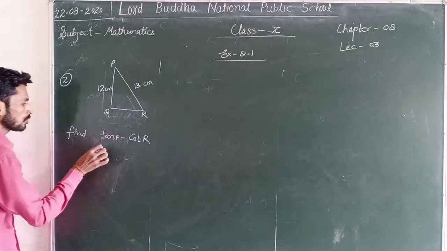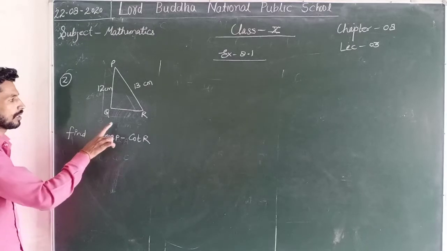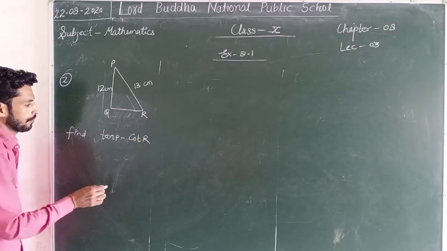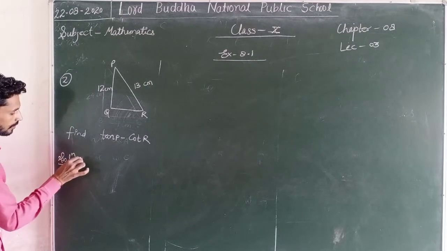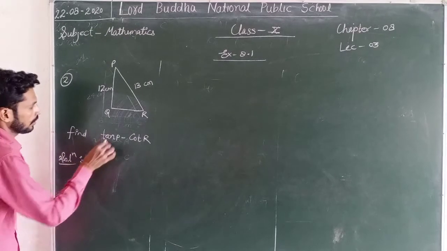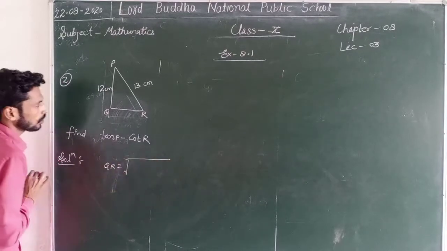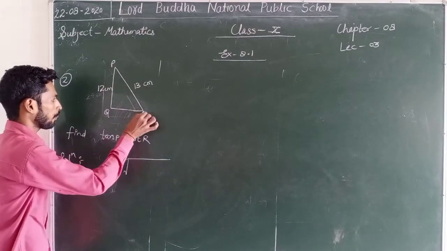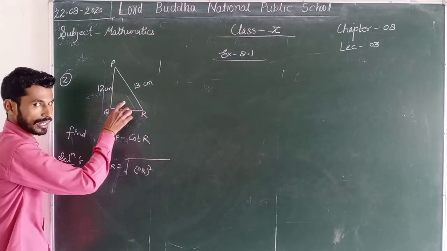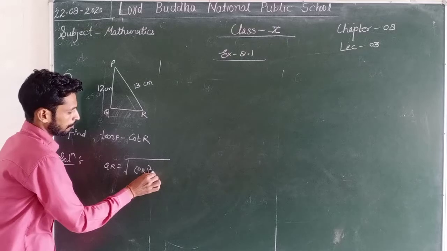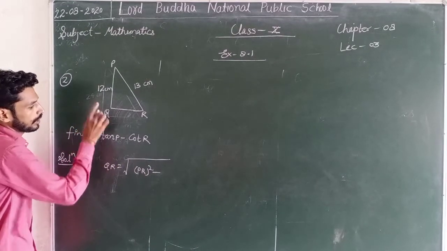If we are going to solve this type of problem, then first we have to calculate the value of QR. So the solution is QR equals square root of PR square, that is the hypotenuse of this triangle, minus PQ square, the perpendicular.